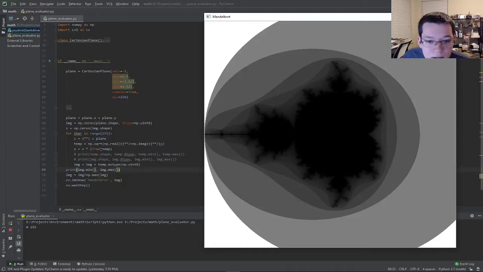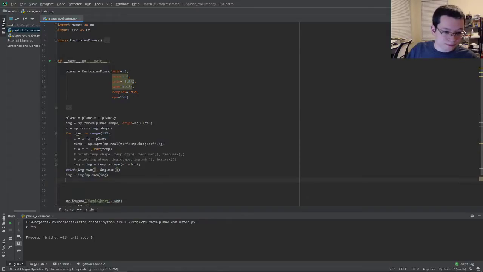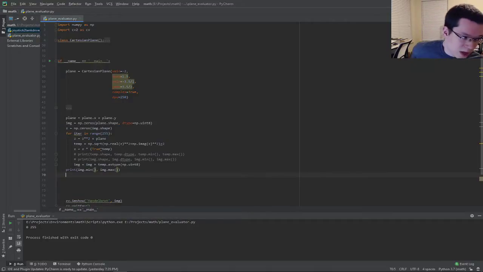But we can start to smooth out, or we can make the colors look nicer. So now that we have the image here, we can apply a lookup table. Can we do that? I believe we can do that. Yes, we can.